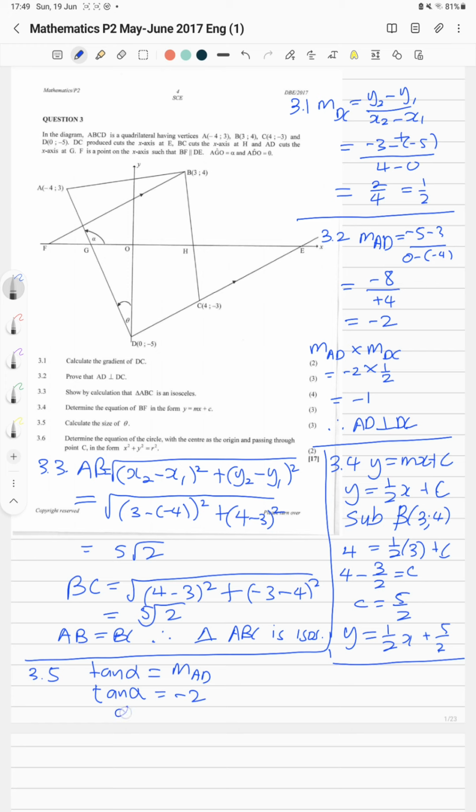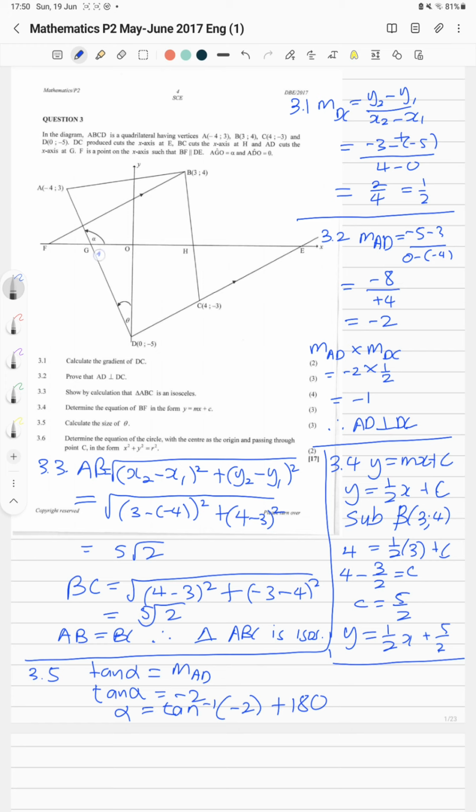So alpha then equals tan minus 1 of minus 2. But because it is a minus 2, you need to add 180 degrees, or you'll be finding an angle below that alpha angle, which is not what you wanted.